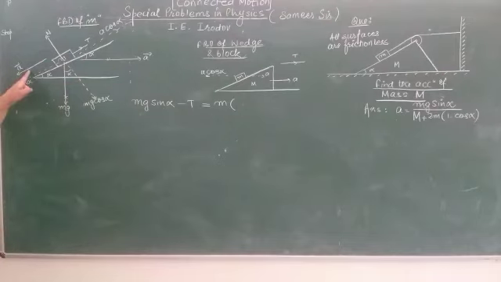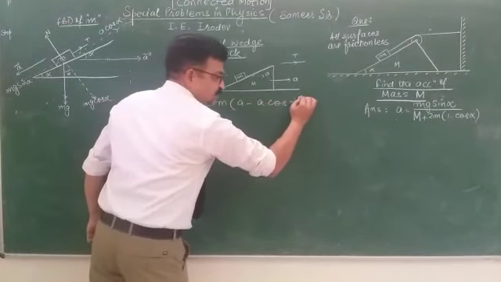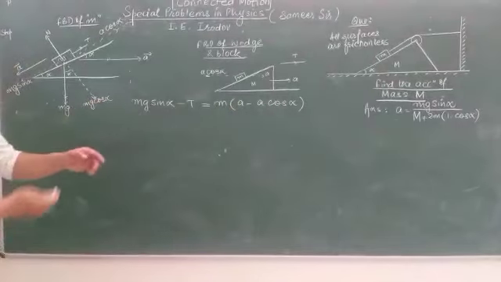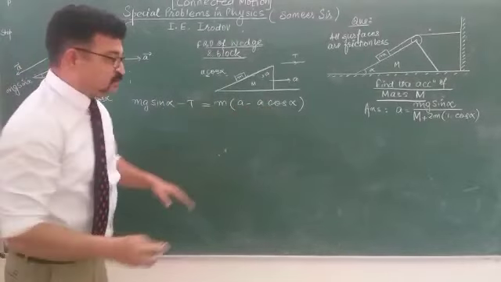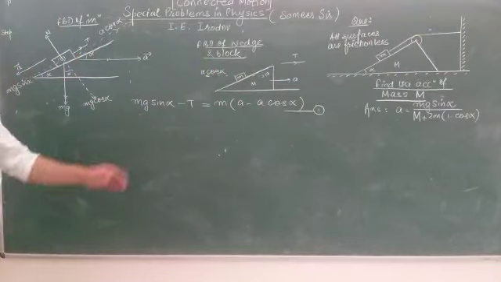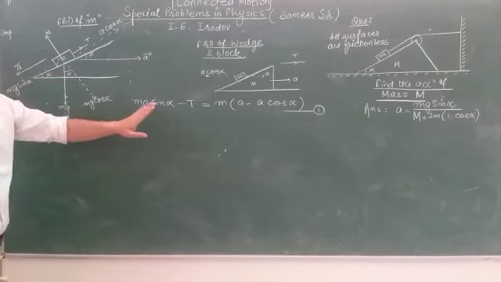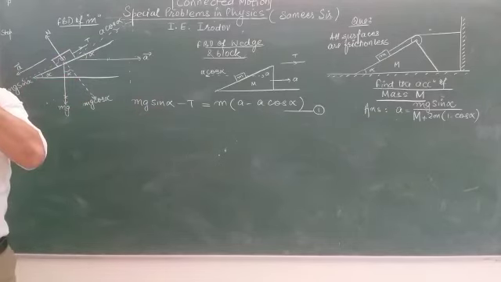So one acceleration is acting downward, one acceleration is acting upward. So what net acceleration am I getting? I am getting the net downward acceleration as a minus A cos alpha. So for mass small m along the plane, if you write down the equation, you will get this.